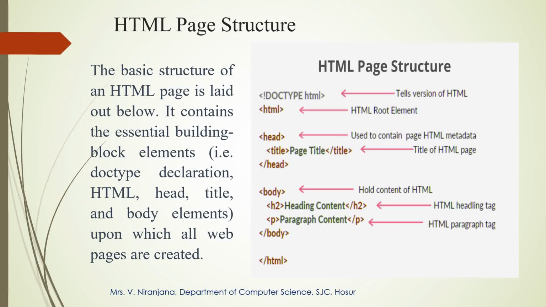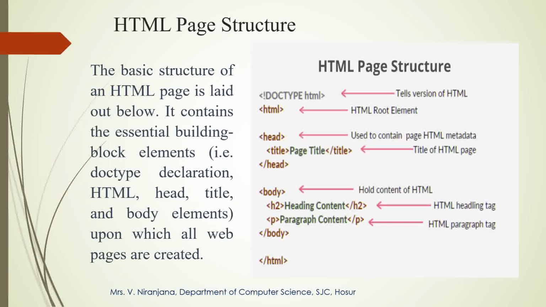Next comes the HTML root element. All other elements are contained within it. Next comes the head element. The head tag contains the behind the scenes elements for a web page. Elements within the head aren't visible on the front end of a web page.